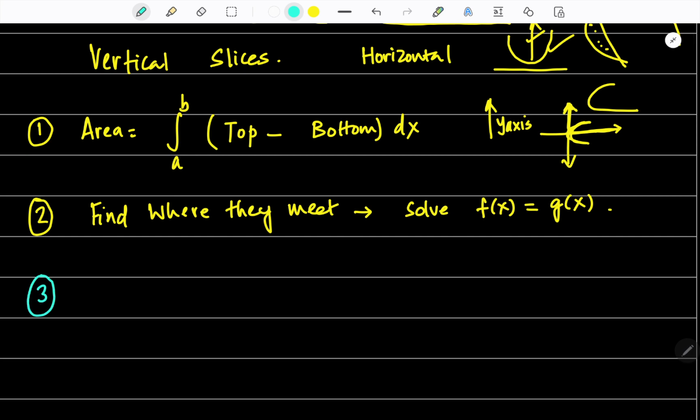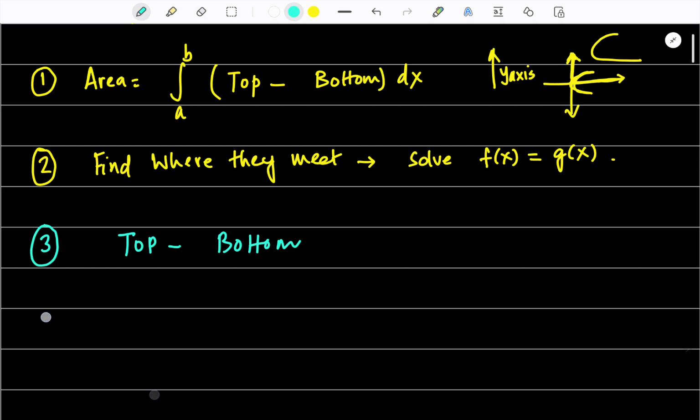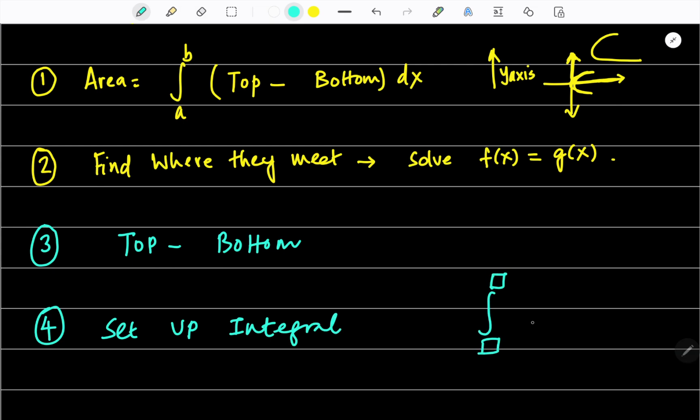Now step number three is to use top minus bottom. Top means the upper one, which curve is on top, and the bottom one is which curve is the lower one. Then step number four is set up the integral. What do you mean by set up the integral? You use the integral with the limits and then top minus bottom.